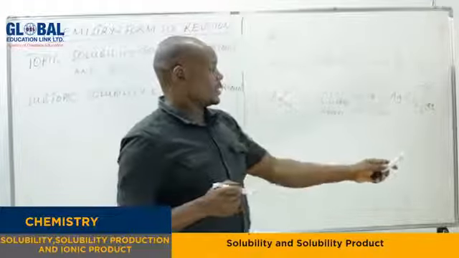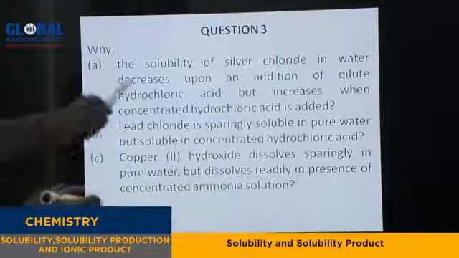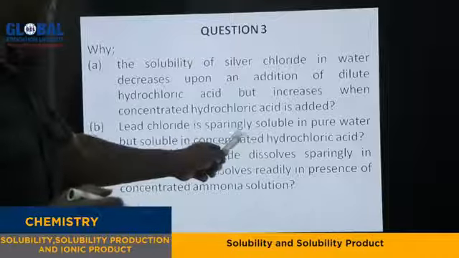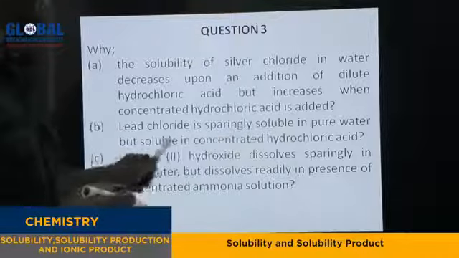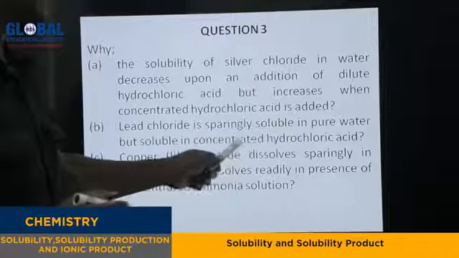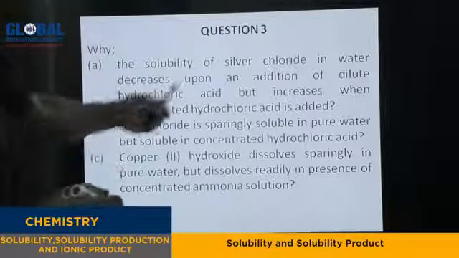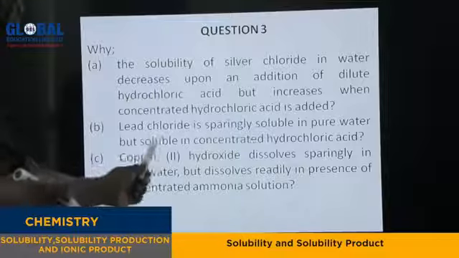Now, if we consider the second part of the third question, lead chloride is sparingly soluble in pure water but soluble in concentrated hydrochloric acid. This is the same as what we have discussed above, but here, instead of silver chloride, it is lead chloride.